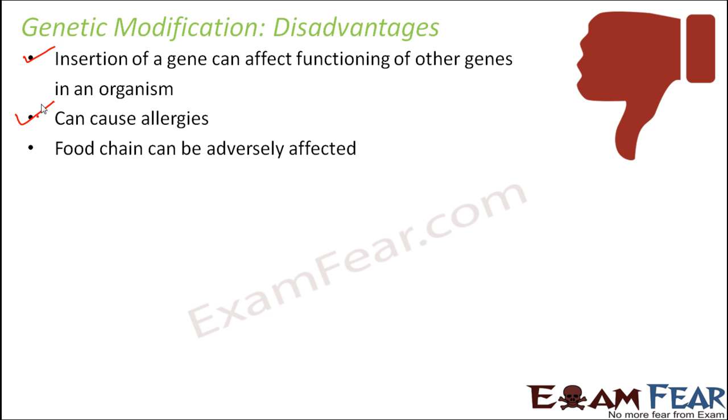Now, genetically modified crops manufacture their own pesticides. Therefore, as I said, genetically modified crops are more resistant to pests. Why? Because these genetically modified crops contain something which is capable of killing the pests. So that means genetically modified crops have some sort of inbuilt pesticides which can kill pests or insects.